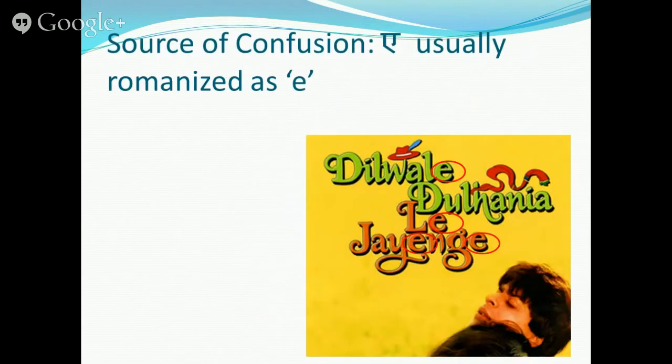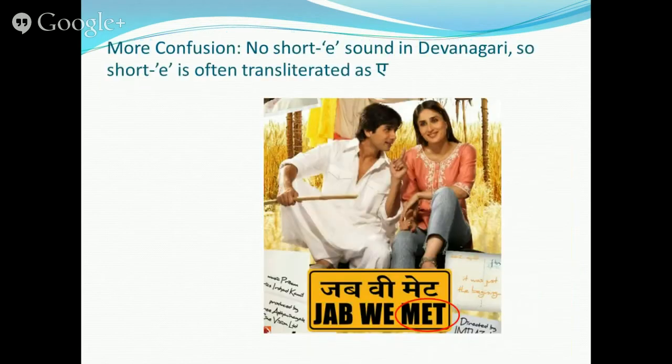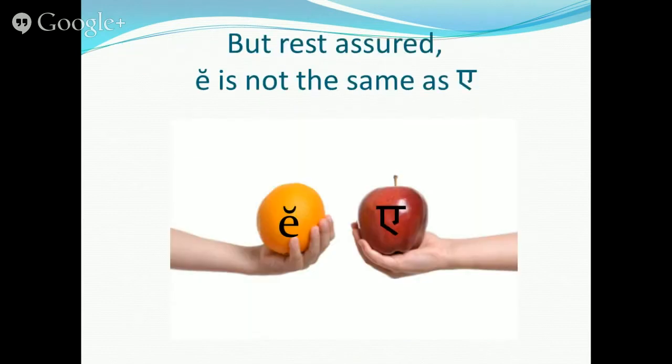Not only is A romanized as E, but in addition, whenever an English word goes into Hindi, because we have no symbol to represent the sound, we had to use something, and more often than not, they choose A. However, rest assured, eh is not the same as A.